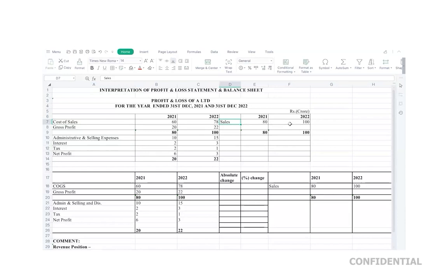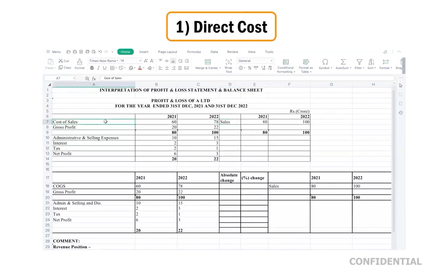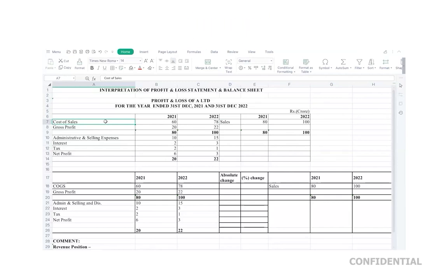To generate that kind of revenue, the company will also incur certain costs. The first cost is a direct cost which a company has to incur to generate the sales, which is the purchases cost. The cost of goods sold also includes the opening and the closing stock. So opening stock plus purchases minus the closing stock is the cost of goods sold for a company, which is also increasing from 60 to 78 crore.